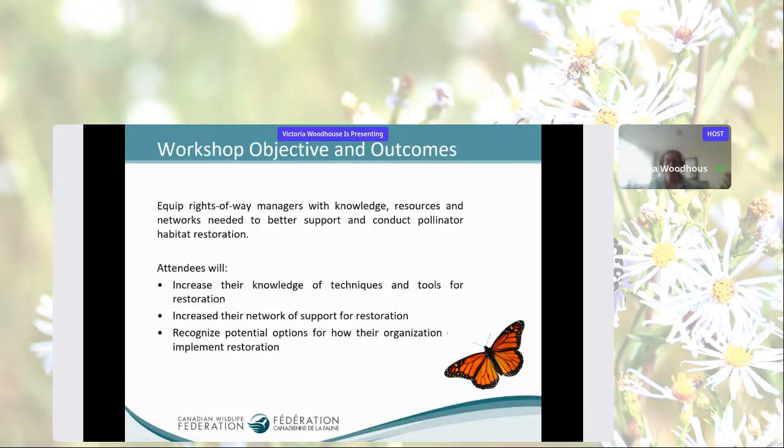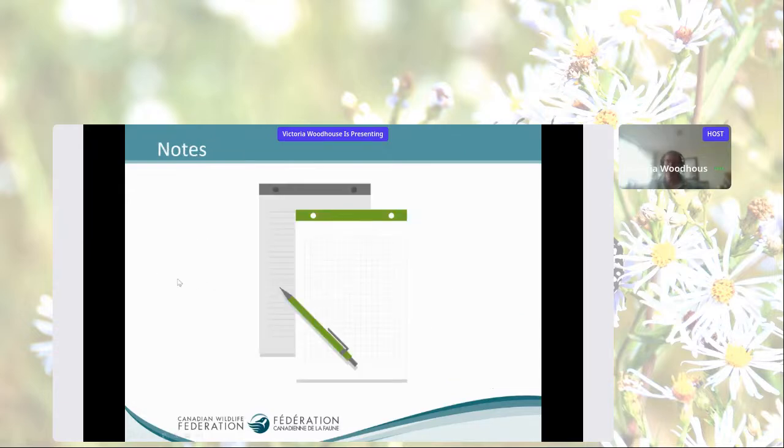So for this workshop today, we're hoping that you'll come out with increased knowledge and resources and networks that are needed to better support pollinator habitat restoration. I also just want to share that we've created a shared note-taking document, and we'll put this in the chat as well.